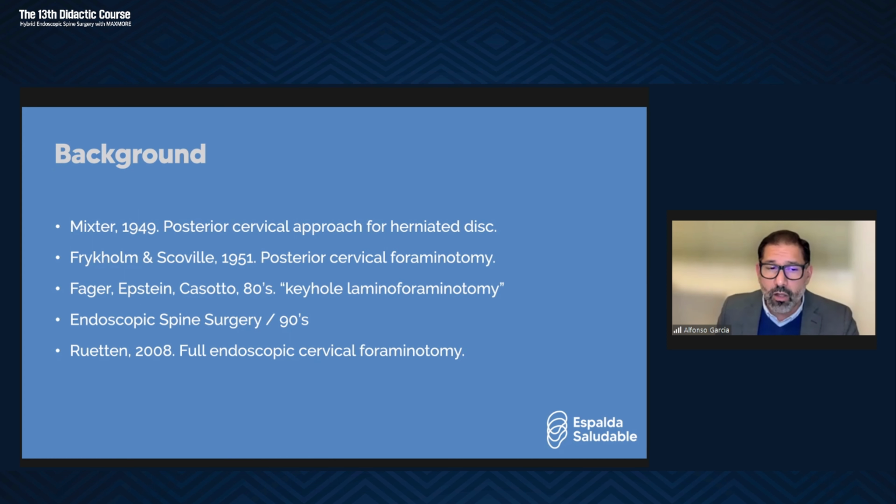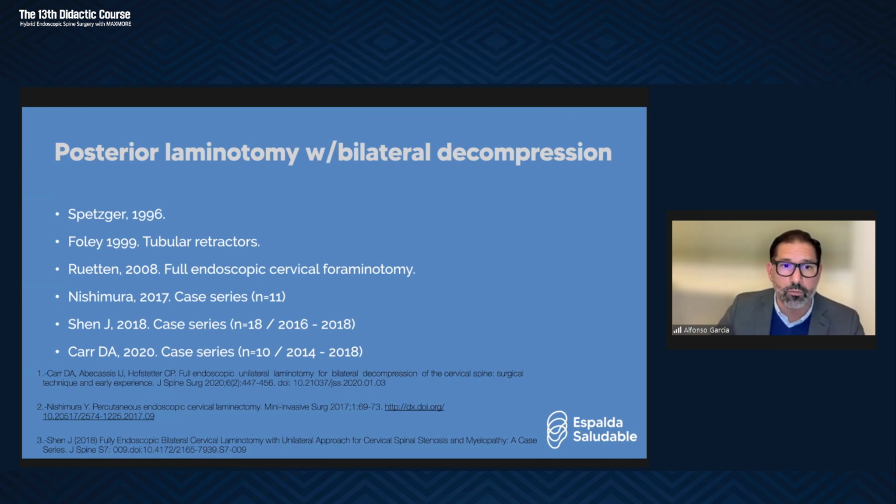And later on, until 2008, a full endoscopic cervical foraminotomy was performed in Germany by Dr. Rutten. Before that, a little bit before that, Dr. Foley used the tubular retractors in the same means to perform this same procedure.